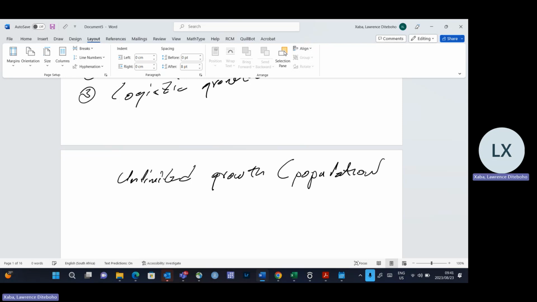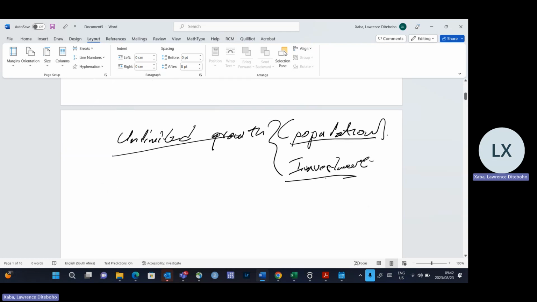How is our population growing? And also, if you invest your money, investment, so you can apply your unlimited growth to see how the population, maybe population of South Africa is growing from day to day, and we can also estimate the future of our growth, how it's growing, and also we can do the same thing when it comes to our investment. So it means unlimited growth is relevant where you want to study population and your investment.